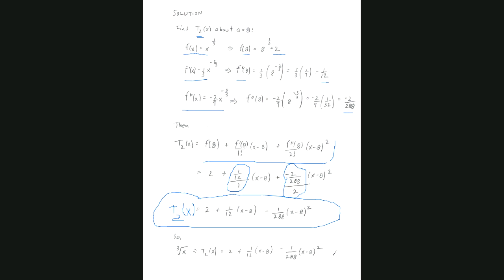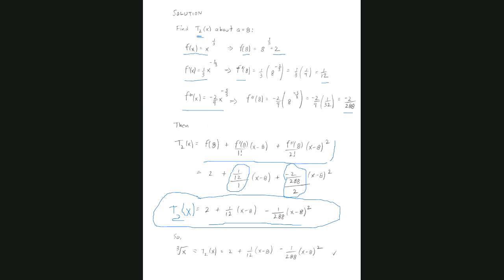All right. So now we can use this Taylor polynomial to approximate values. Like we can approximate the cube root of 8.1 or 7.9.